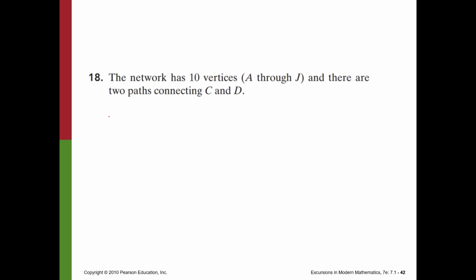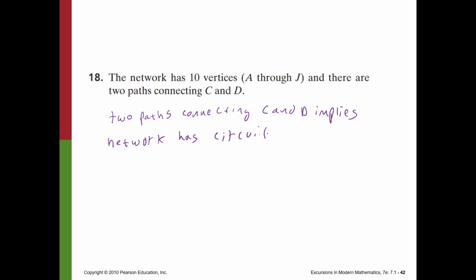So it's not a tree. 2 paths connecting C and D implies network has circuit. Therefore, not a tree.